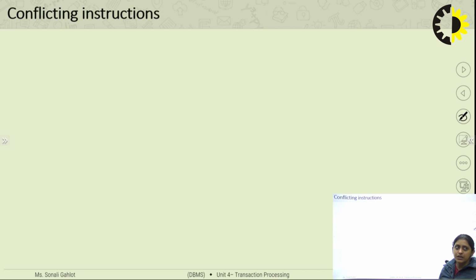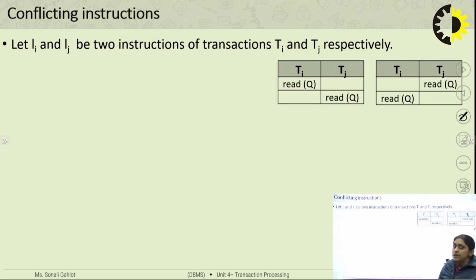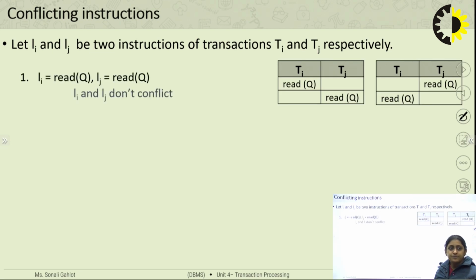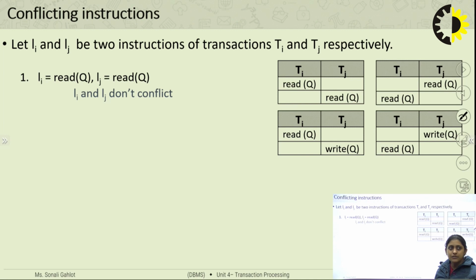Now, first of all, I want to tell you what conflicting instructions are. Let Ii and Ij be two instructions of transactions Ti and Tj respectively.